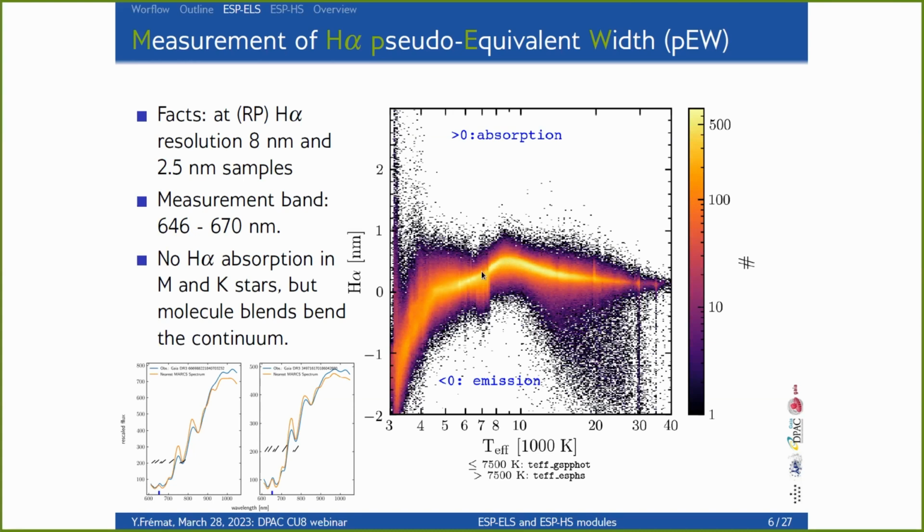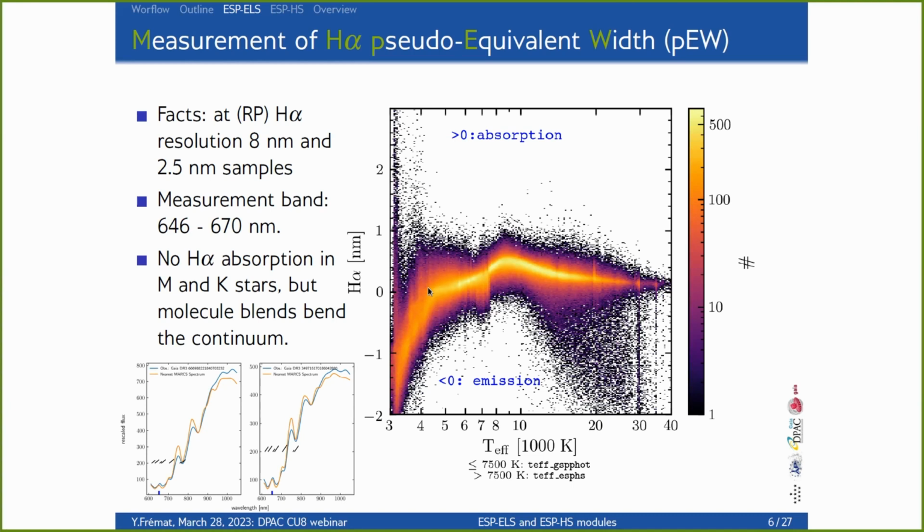When we go towards the cooler stars, we have the same sort of trend, so the equivalent width of H-alpha is reducing to 0. We have a lot of scatter, but in the mean, it remains close to 0, as you would also expect, because for stars cooler than 5,000 K, we cannot expect any absorption from the H-alpha line.